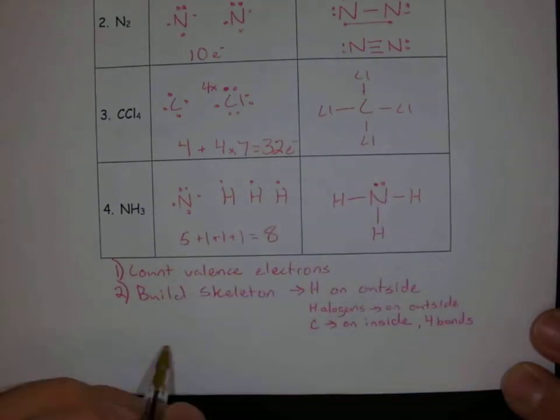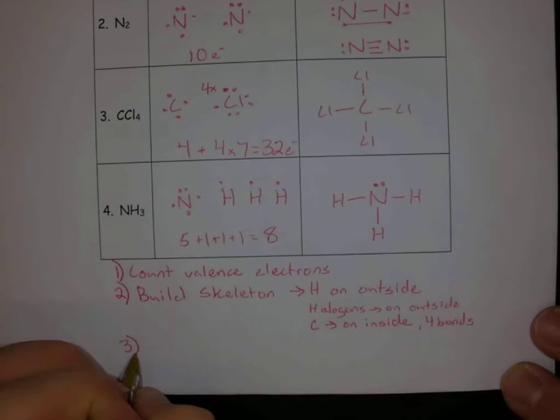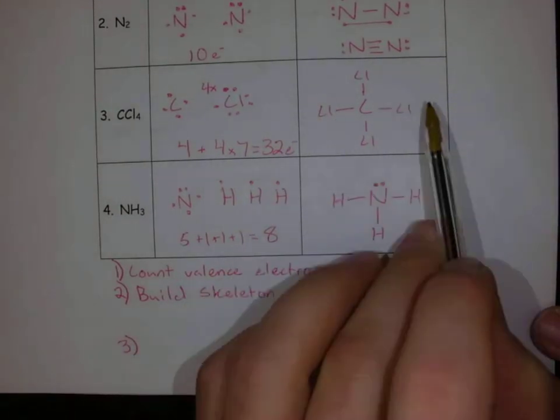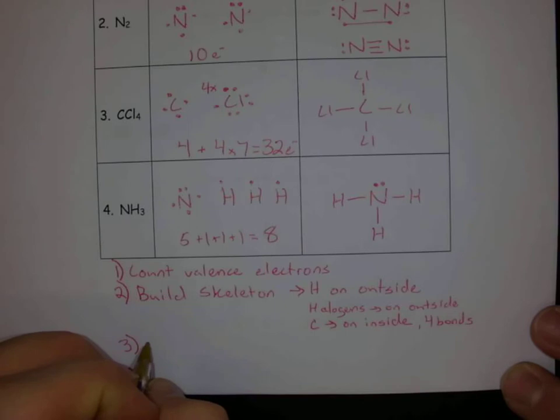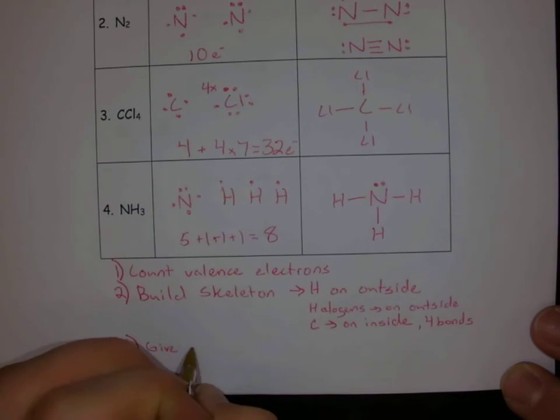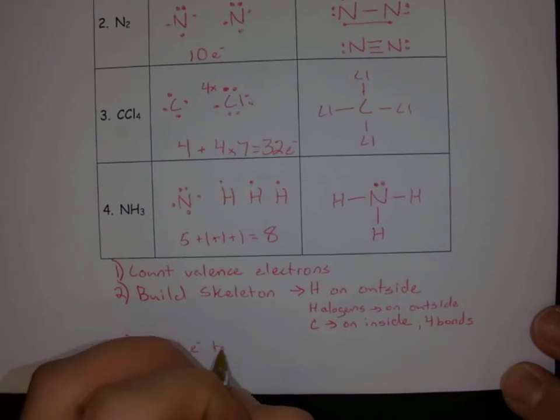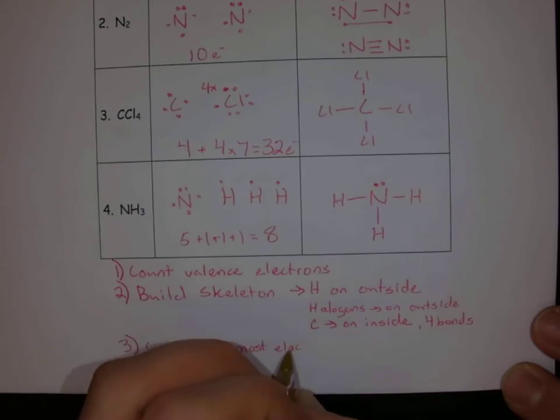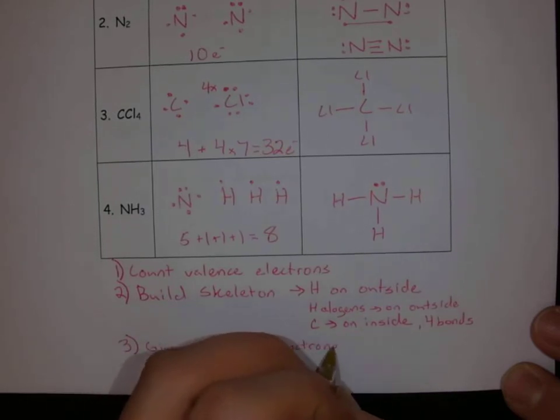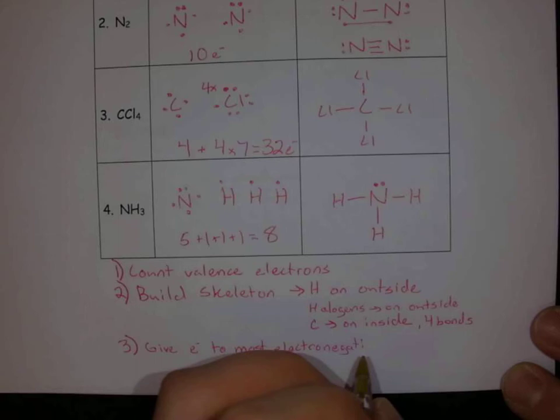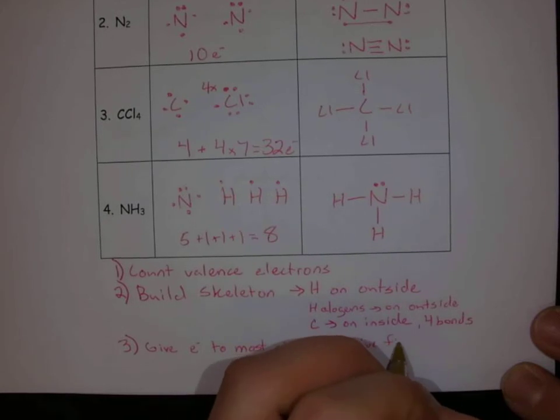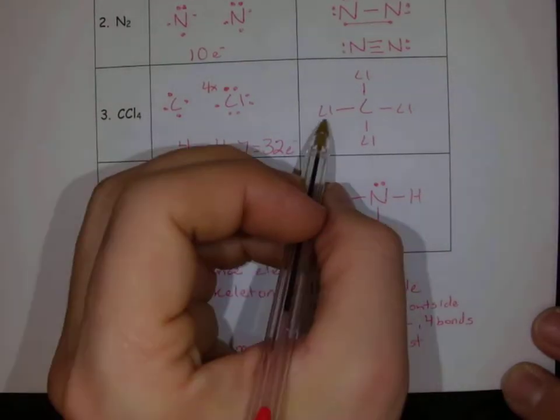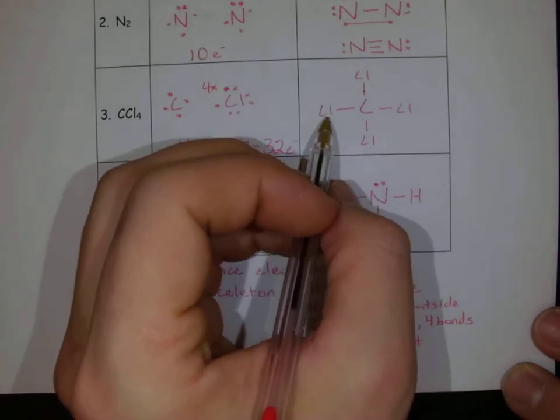Once we build our skeleton, now we are going to put our electrons on the most electronegative elements first. So give electrons to the most electronegative first. Our most electronegative element is chlorine here.